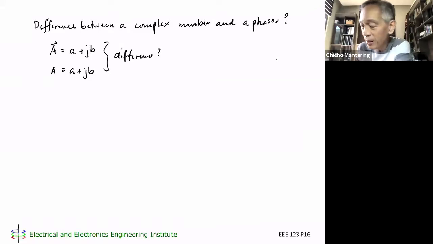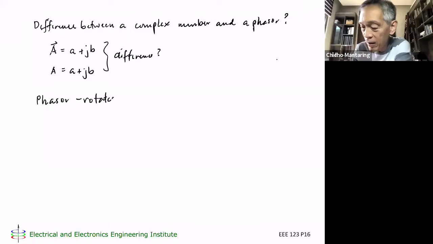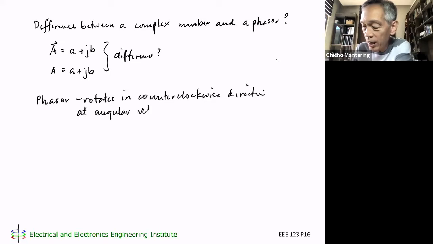The phasor rotates in the counterclockwise direction at angular velocity omega.